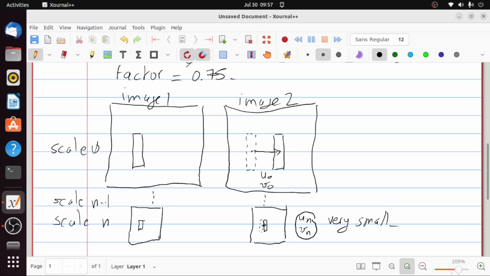So at scale n minus 1, you get a solution, and you use that solution as the starting point for the next scale. And you keep doing that until you reach scale 0. And at the end, you get your U0, V0, which is your final solution. In our case, we don't care about the V0. We only care about the U0, and the U0 gives you your disparity map, aka your depth map.